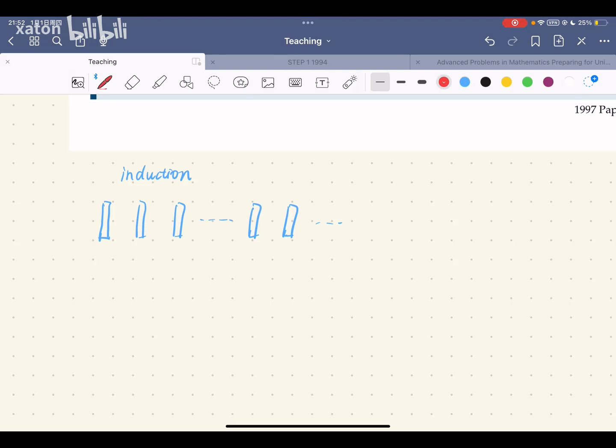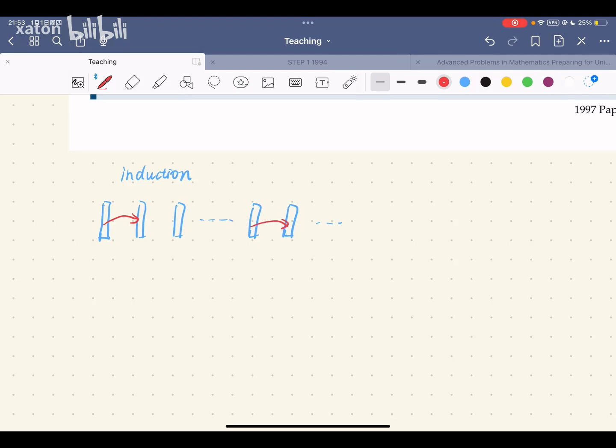We prove that the first tile can push the second tile down, and then we prove that the nth tile can flip the n+1 tile over.